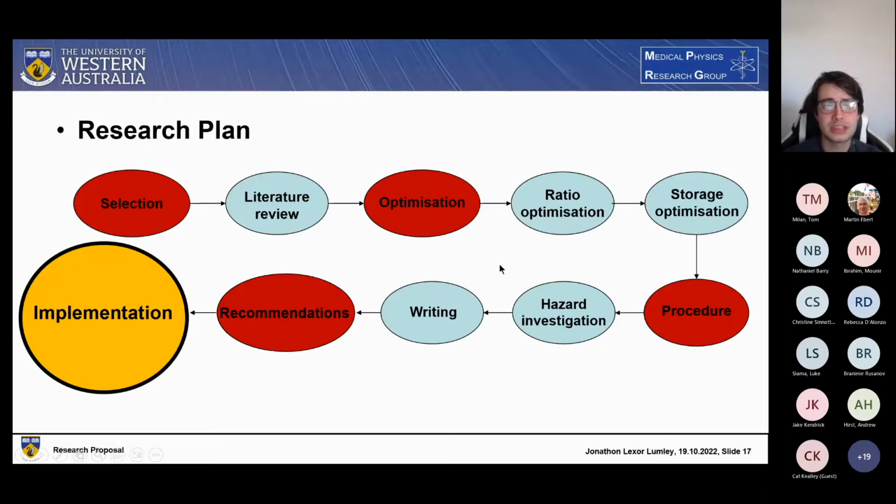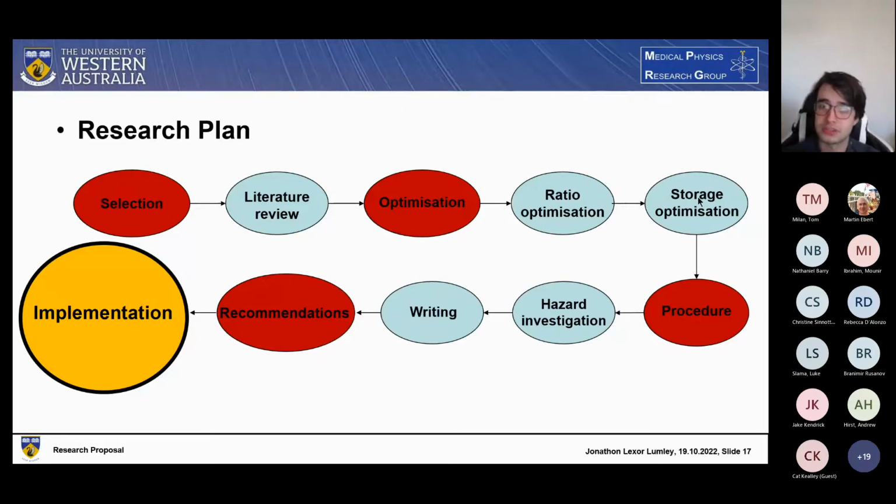So at the start, we've got the selection, and that will be done by using a lit review, comparing all the different types of sensitivities and dose resolutions to determine which one we want for our clinical application. From there, we're going to be optimizing it, so changing the ratios of the composition. And then after that, we're going to try and optimize the storage, so we try and minimize time required whilst still keeping good sensitivity and dose resolution.